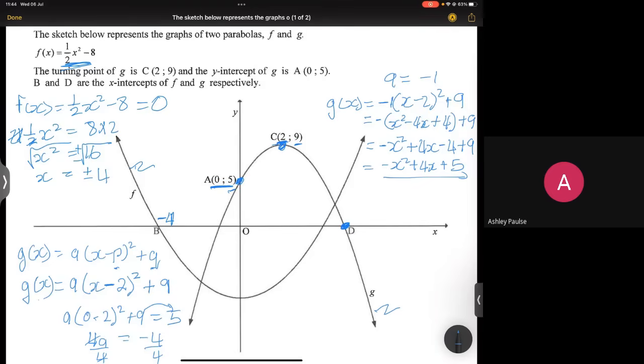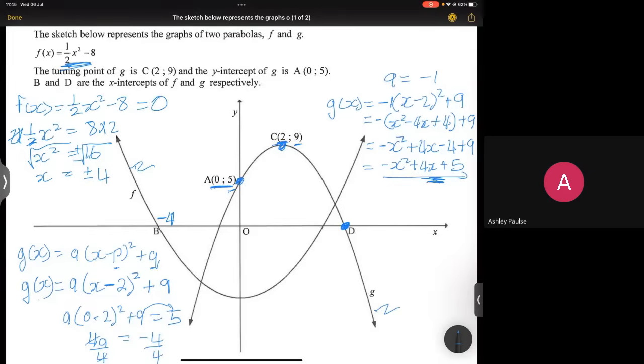Right, now what would be the x value at D? The x-intercept for this graph here, where y is equal to 0? Now I don't know which equation you want to take, but let's take that one and make it equal to 0.